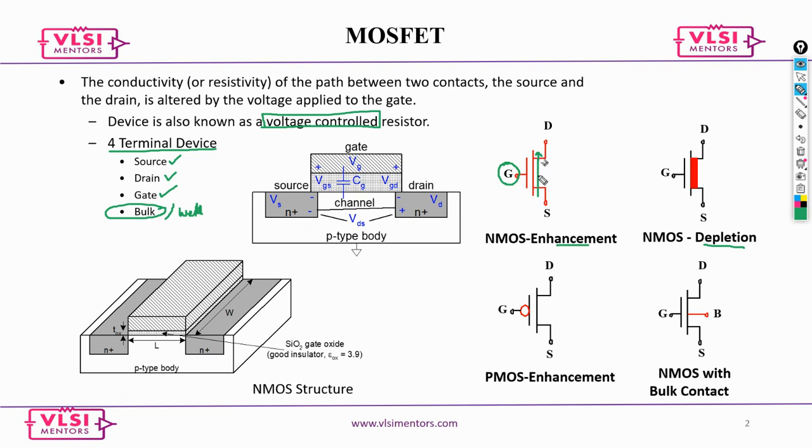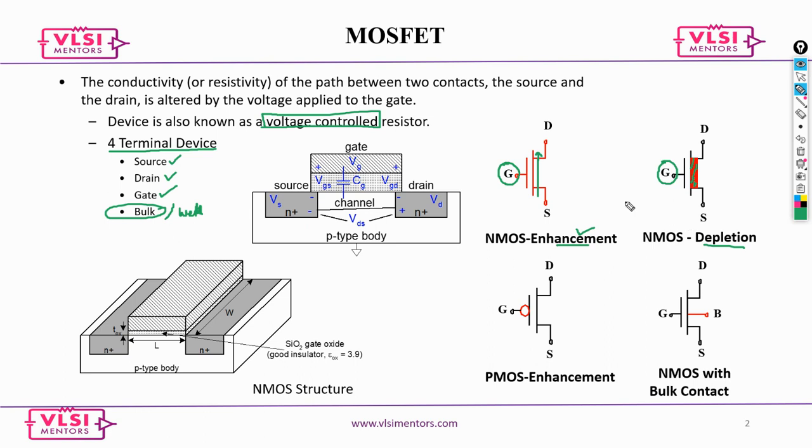There was no channel by default, so you create a channel and let the charges flow through it. In depletion, a channel is already formed, and you apply a certain voltage to turn it off by removing the channel.